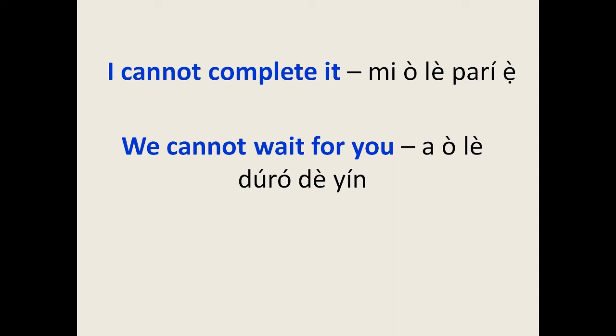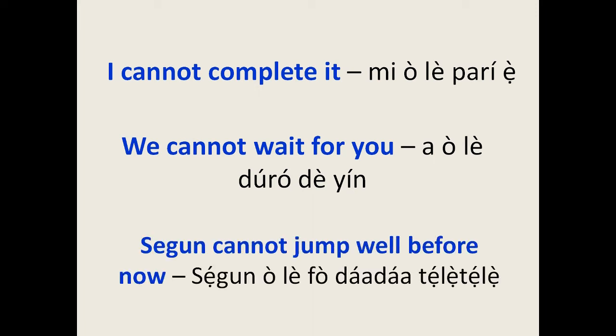So the before we are using here is going to be another form. So this will be Ṣẹ́gun ò lè, because of the negation cannot. So that ò is coming in again to put the negation on the lè, which is the can. I think you understand that. So it will now be Ṣẹ́gun ò lè fò dáadáa.